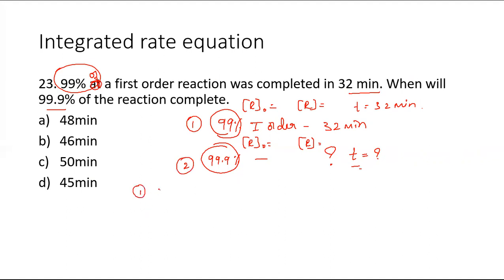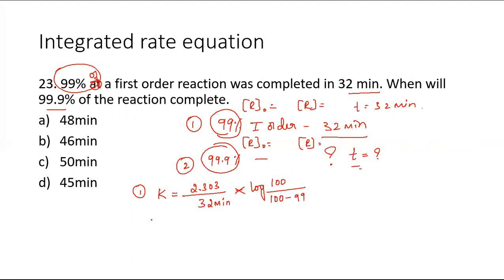First one, the equation is K is equal to 2.303 divided by T. Time is given for the first one. What is the time? 32 minutes. So that I am going to write here, into log initial concentration. Whenever the percentage is given, percent means 100. So initial concentration is always 100 and final will be 100 minus the given percentage, that is 99.